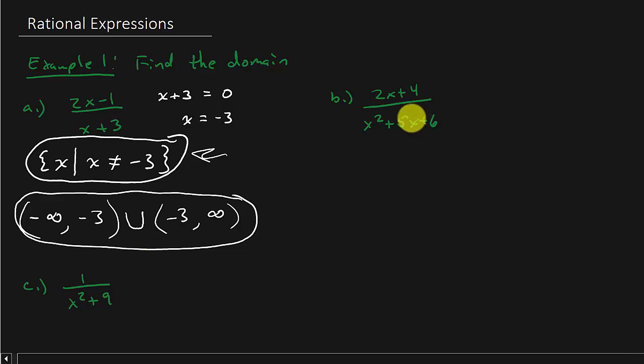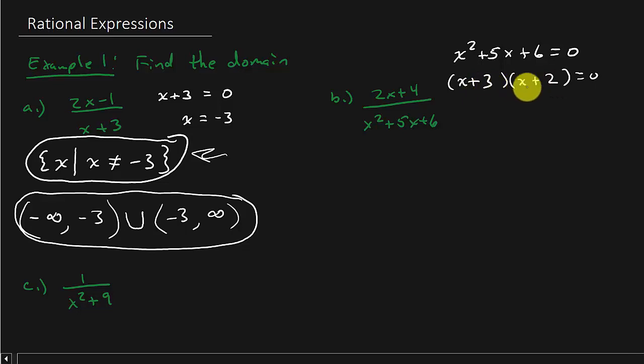All right, so let's take a look at the next example. We want to know when the denominator is 0. So we're just going to take the x squared plus 5x plus 6 and set it equal to 0, and then we'll have to factor it. So that's x plus 3, x plus 2.